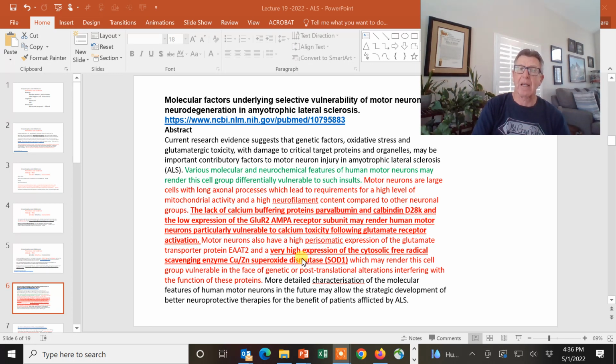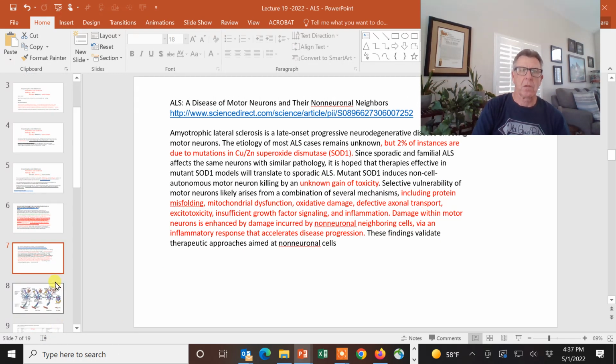And then we see, again, this free radical damage associated with SOD1 problems. Bizarrely, they have more SOD1. But because they have more, and everything has to be perfect, they make more hydrogen peroxide than the other enzymes can take care of.